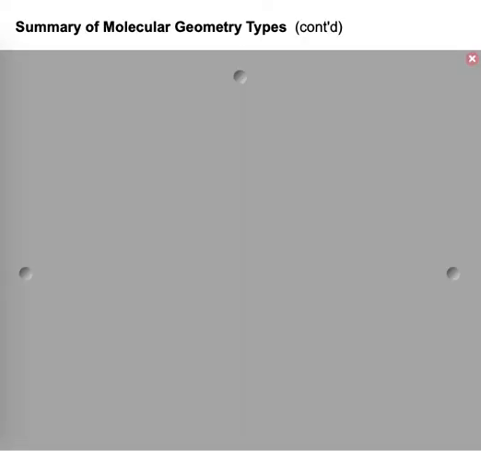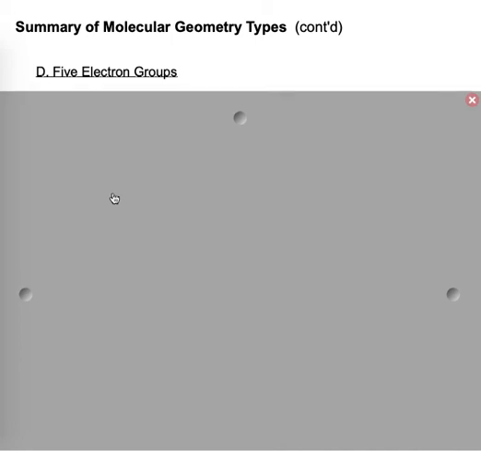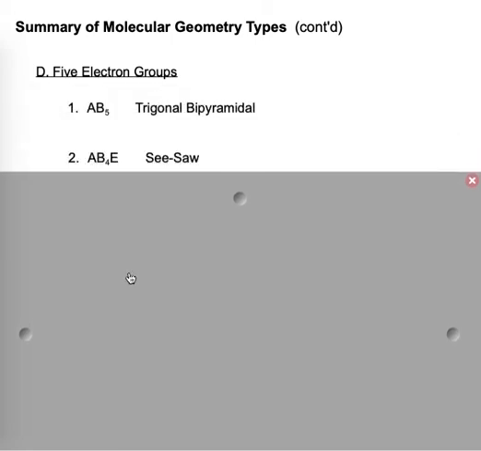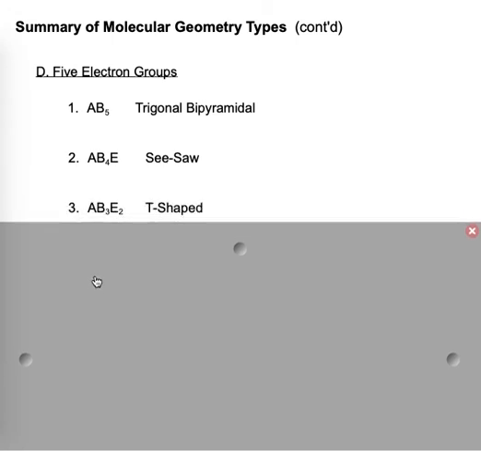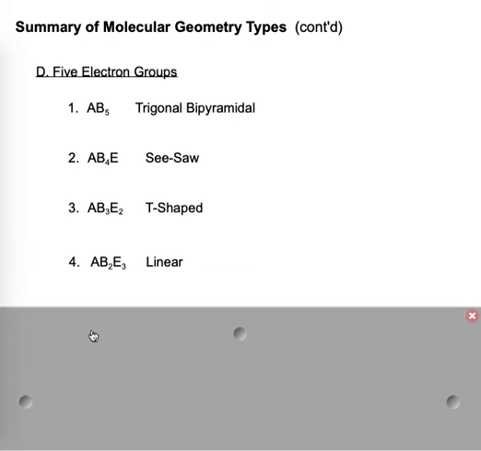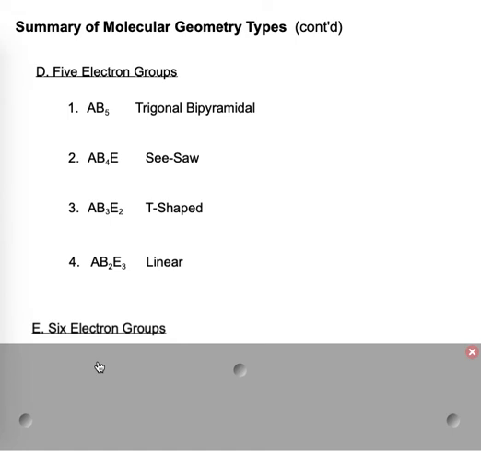For our hypervalent geometries, if we have 5 electron groups around the central atom, AB5 is called trigonal bipyramidal, AB4E is called seesaw, AB3E2 T-shaped, AB2E3 is linear.